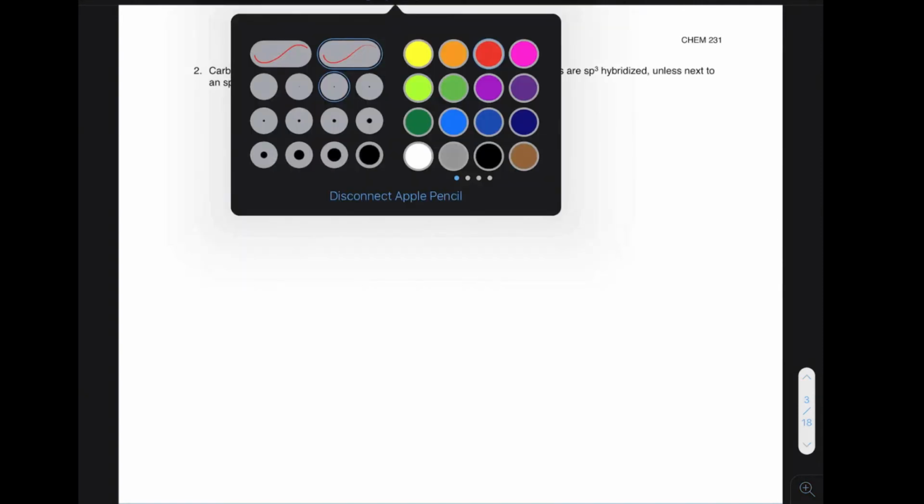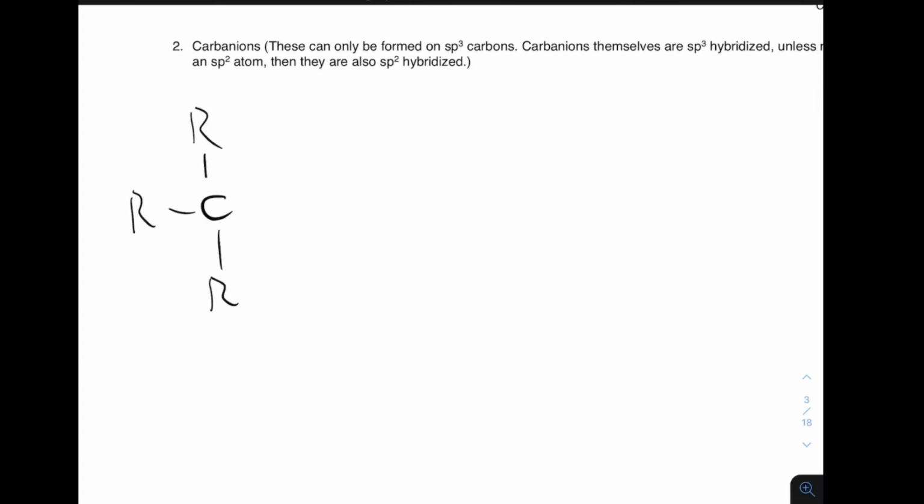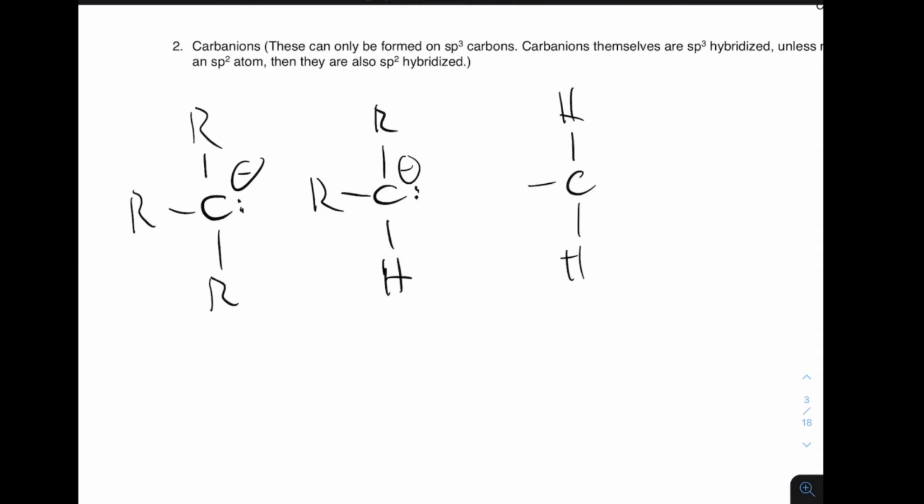So inversely, let's look at carbanions. This is the exact opposite of the carbocation, so I'm not going to spend too much time talking about it. For the different anions, carbanions, negatively charged carbons, the more carbons attached to the carbanion, the less stable it is.